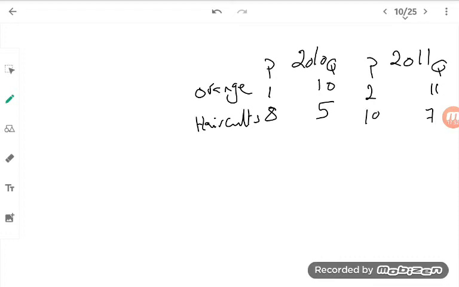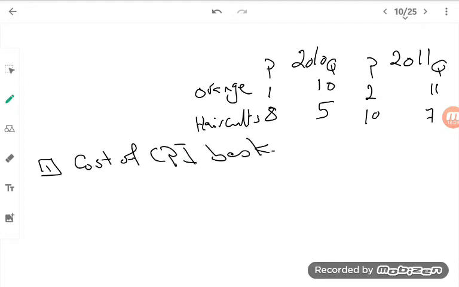Now we would like to apply the 3 previous steps. With respect to step number 1, calculate costs of CPI baskets in 2010, which is the base year.